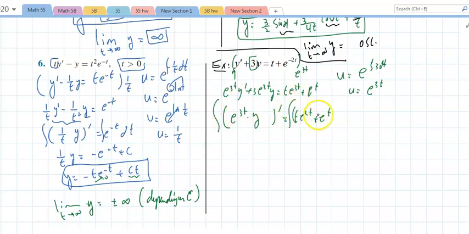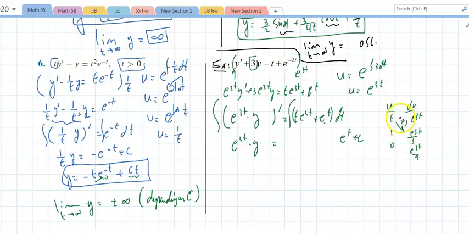If I integrate with respect to t, I will get e to the 3t times y equaling, and the integral of those, this is e to the t plus c, and integration by parts once, integrate again, a positive and a negative, that will be t e to the 3t over 3 minus e to the 3t over 9, and y would equal, dividing by e to the 3t, t over 3 minus 1/9 plus e to the negative 2t plus c e to the negative 3t.